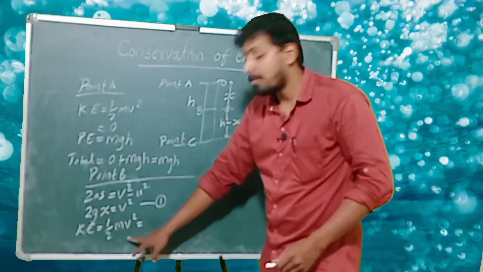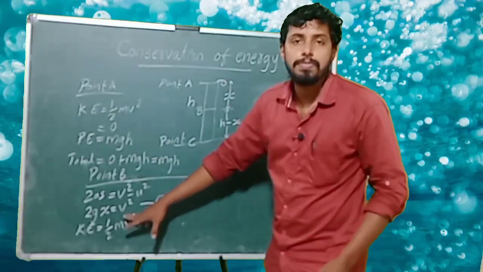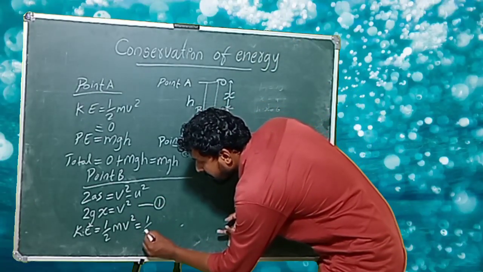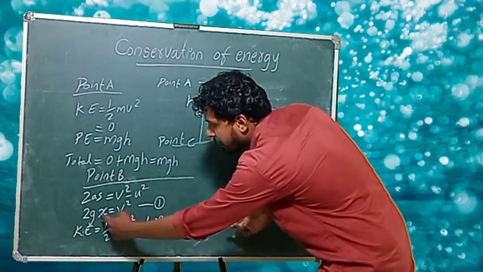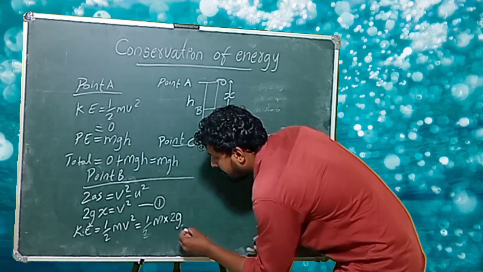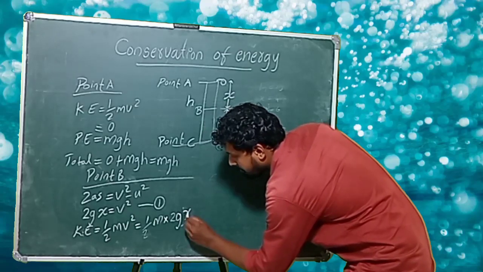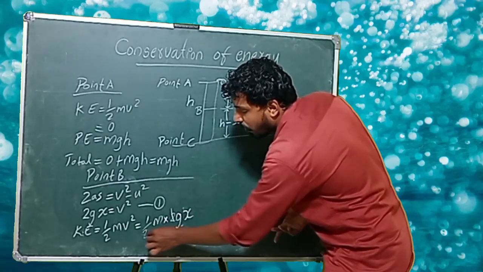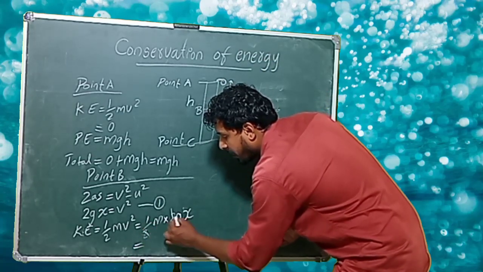Kinetic energy is equal to half mv square. Here we know 2gx is equal to v square. Then we will apply this equation here. Then what will happen? m into v square is 2gx. Then this 2 by 2 is 1, so cancel out, you will get mgx.